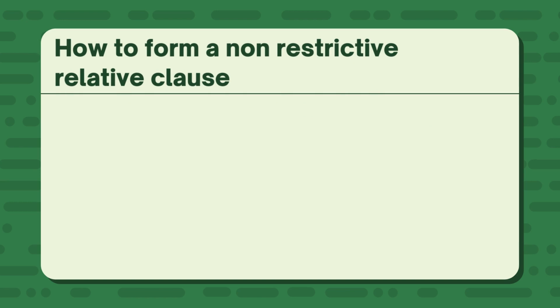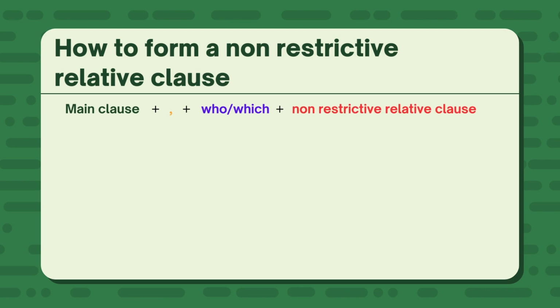Now let's look at the other way we can form a non-restrictive relative clause, by putting it in the middle of the main clause. This is how it will look. A main clause plus a comma plus who or which plus the non-restrictive relative clause plus a comma plus the rest of the main clause.